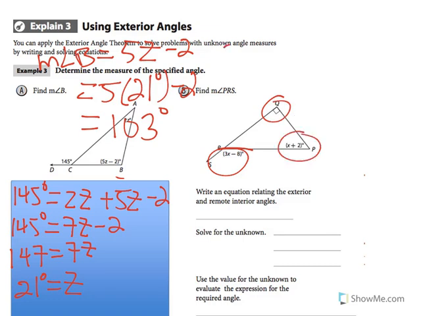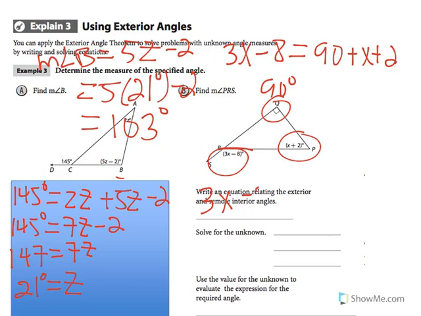So we can say 3x minus 8 equals, well, we see the letter square, which means this is 90 degrees. So we say 90 plus x plus 2. Then we have 3x minus 8. Combining like terms, we have x plus 92.